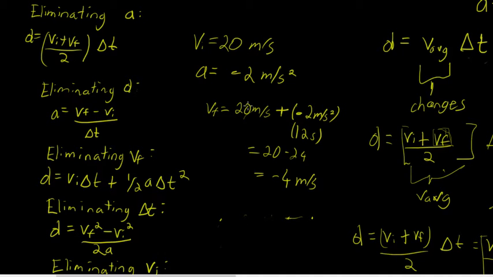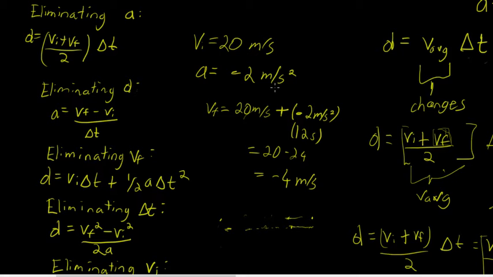So it starts here, it's going pretty fast, but then it's slowing down, coming to a stop and turning. But when it heads in the negative direction, it's actually accelerating, right? Because this is -2 meters per second squared. At some point you're going at 0 meters per second.